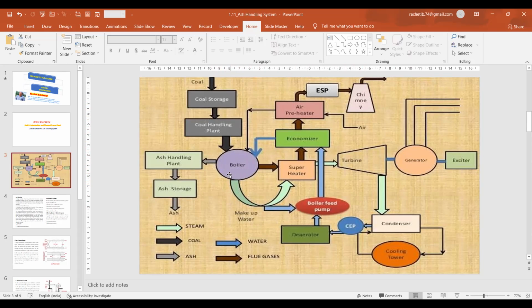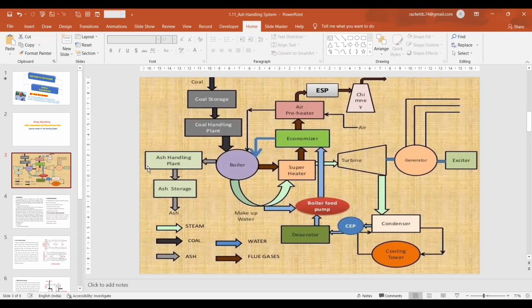This ash is then collected with the help of the ash handling plant, and sent to the ash storage, and to the sump, or you can say outside. Okay, so this is in brief.